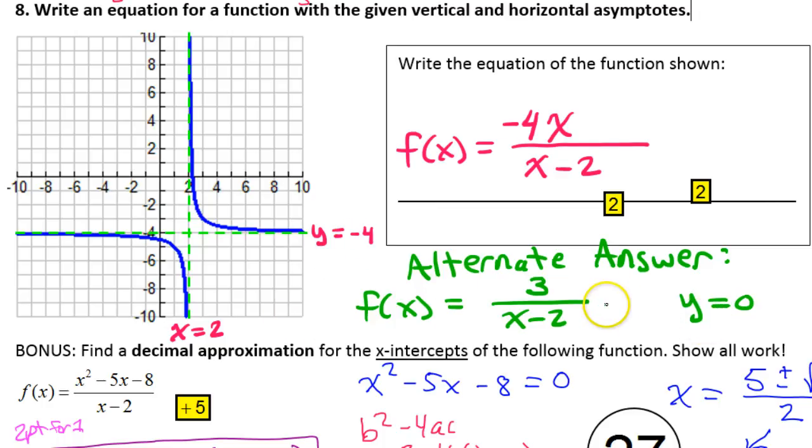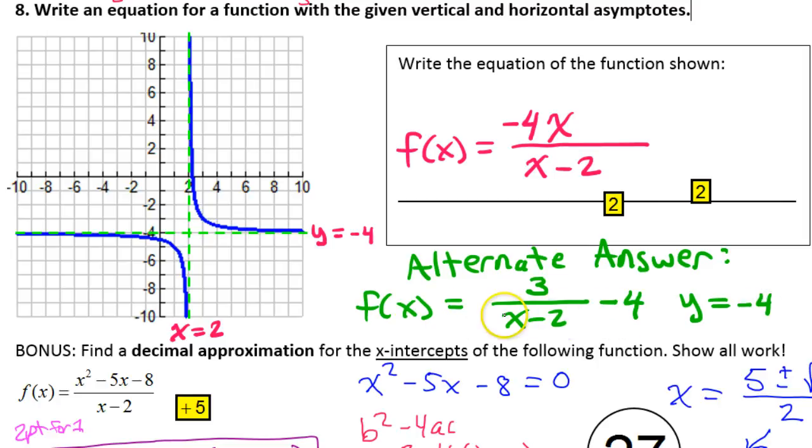So all I have to do is make an adjustment and put a minus 4 on the end. That will drop the horizontal asymptote down 4. It would be 0, but if you subtract 4, then it moves it down to negative 4. So now I would have a horizontal asymptote of y equals negative 4.